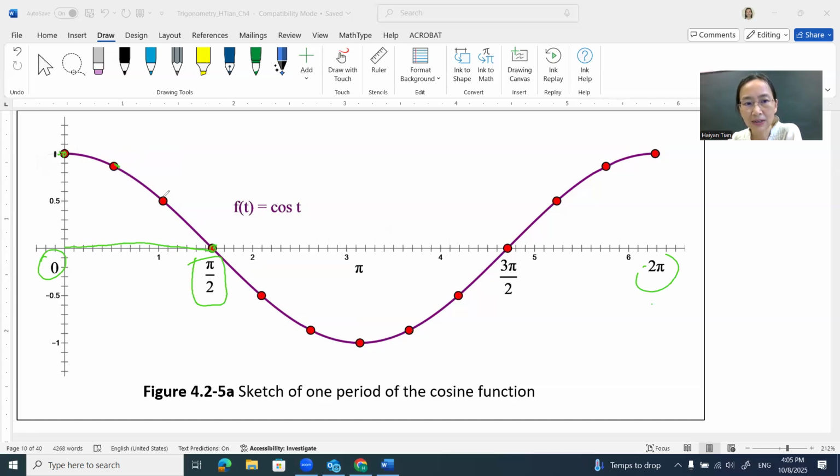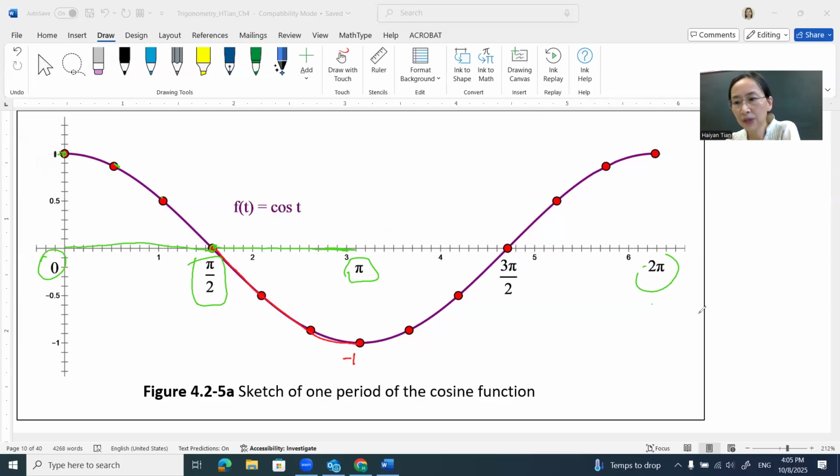And from half of pi to pi, on the next interval, the cosine t continues to decrease. It's becoming negative and more negative until it is -1 here. So it's -1 at pi.